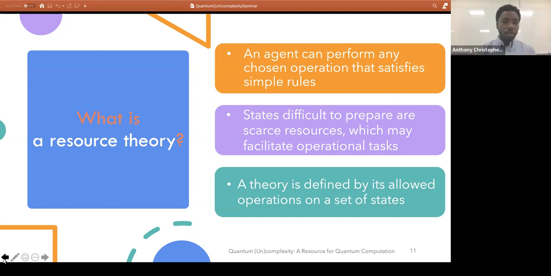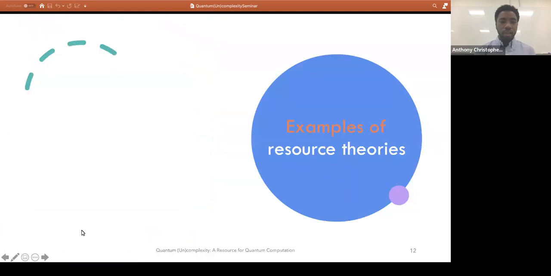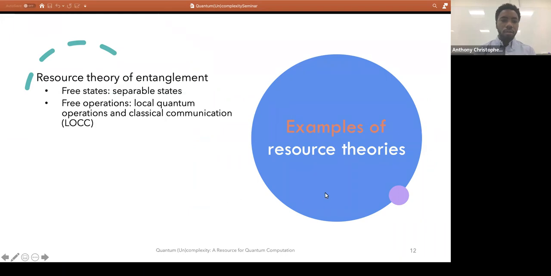Okay, so now we talked about what a resource theory is in the abstract. Let us make things a little bit more concrete by looking at a couple of examples of resource theories. Perhaps the canonical example is the resource theory of entanglement. The two resource theories I'll discuss on this slide do indeed have free states. In this case, the free states are just separable states, namely those which feature no entanglement.